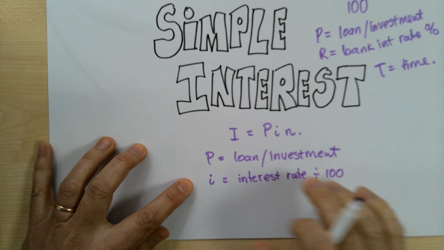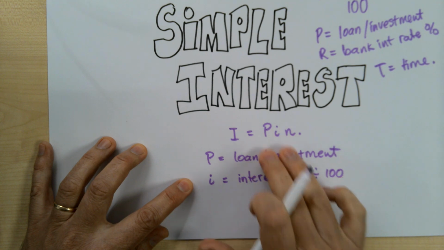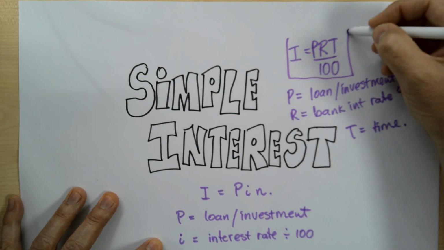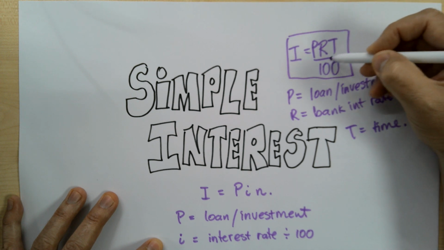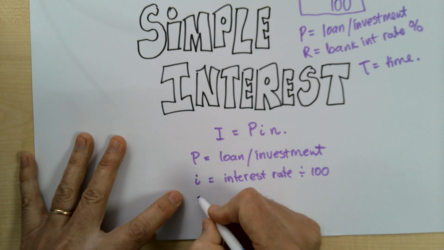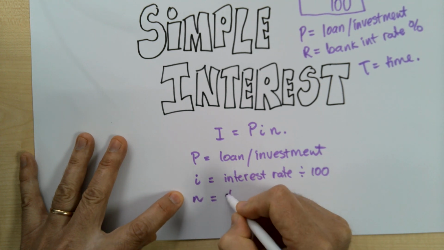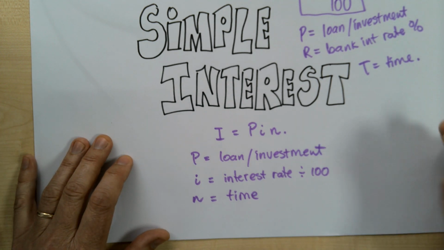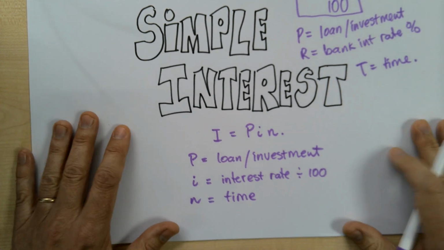So this one requires you, before you use it, to do the divide by 100. What I originally taught you is the one where the divide by 100 is embedded in the formula. But with this one, you've got to do that first. And n is time. I don't know why, but it is.